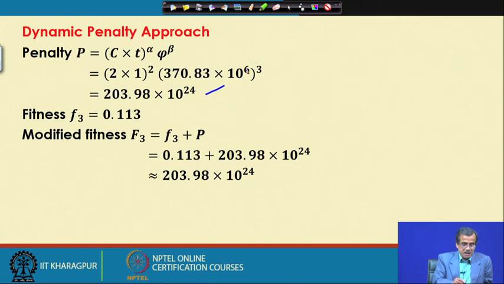Here the original fitness is 0.113, and the modified fitness F3 will be small f3 plus p, approximately 203.98 into 10 raised to the power 24. As it is a minimization problem, this solution is not a good solution, because it violates the functional constraint.